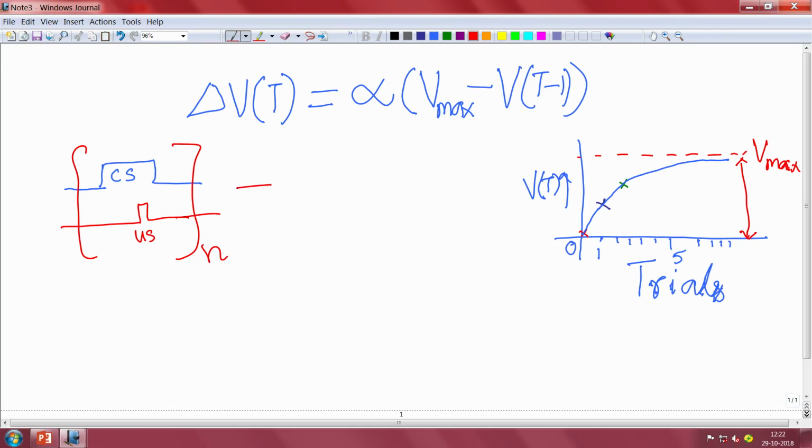After this, what we do now is we are just going to present the CS, but no US. Now, clearly the animal needs to understand over some m number of times.